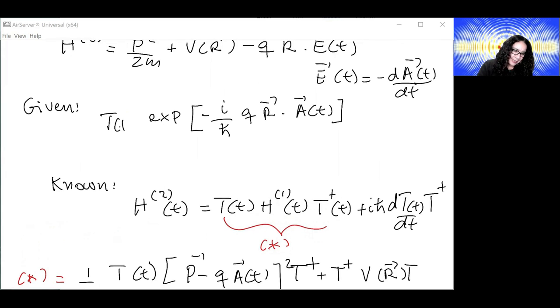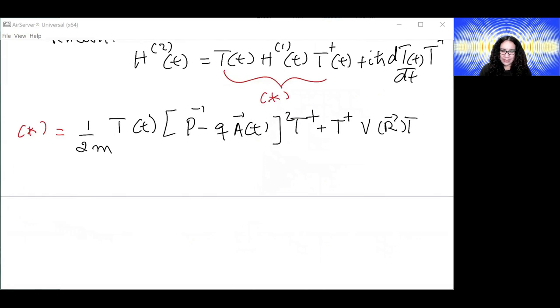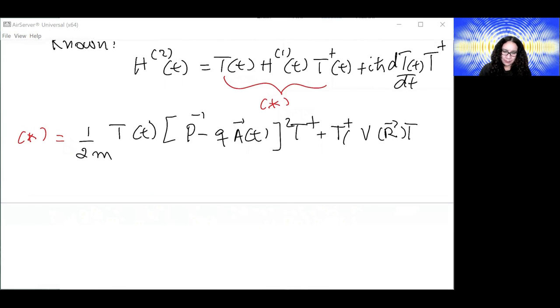So T is a time-dependent transformation that depends also on the R operator, but it depends only on R. So if you have a transformation that is a function of the operator R, let's not be sloppy, put T here.